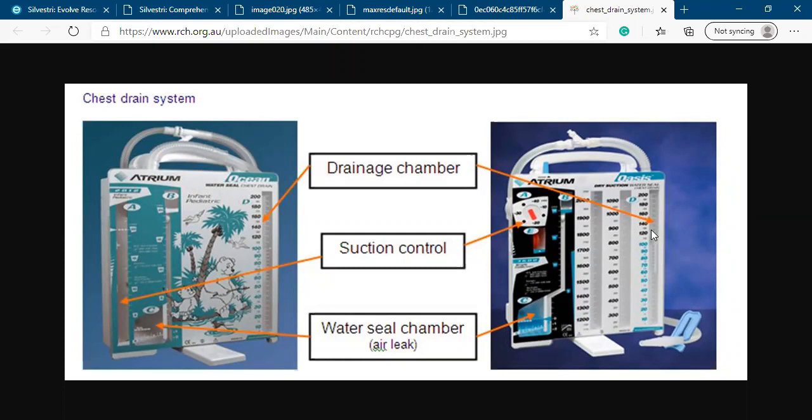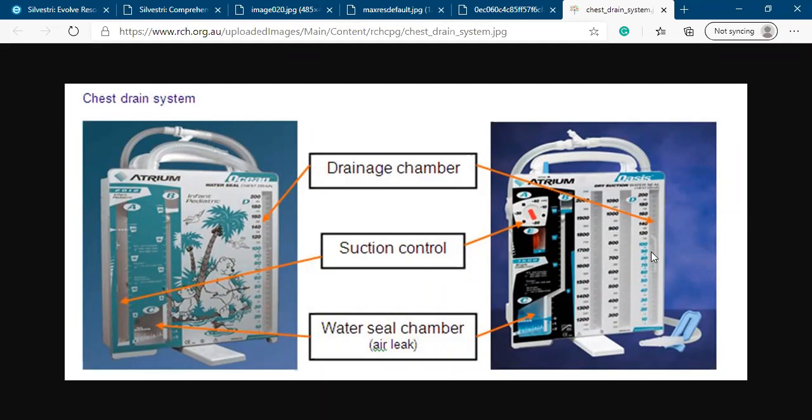If you see very bright red blood, you have to notify the healthcare provider. Red blood means hemorrhage, internal hemorrhage inside the lungs. So blood is coming there.